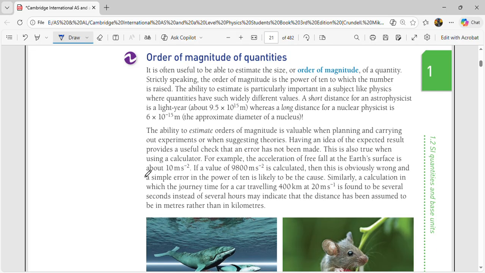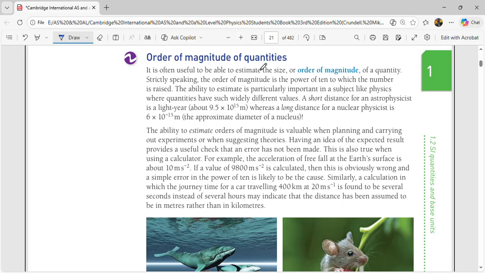Okay, we have this one, order of magnitude of quantities. Sometimes there is an ability that one needs to acquire.